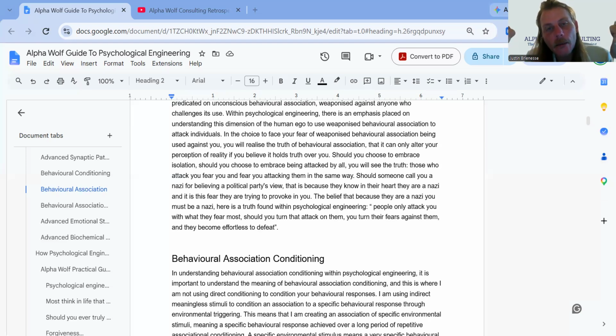Do you get it? So as soon as I identify a threat of violence or a threat to me, how do I overcome that? Or how do I elicit a different response?